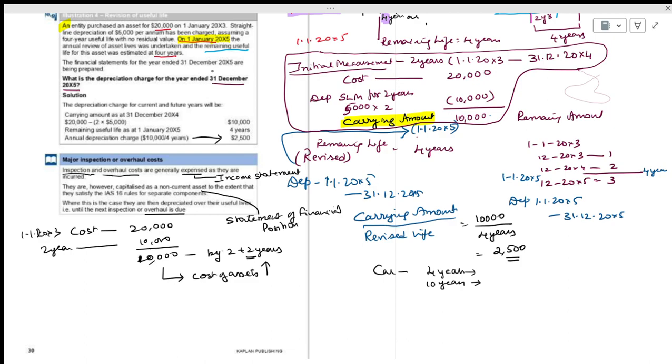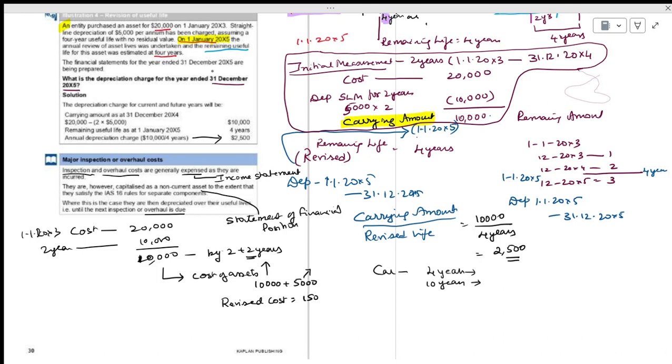If anything we are spending on paint, on the engine, what will happen? 10,000 is the cost. Assume you have an additional cost of 5,000. This is the cost, painting, replacement of engine. Then you will have the revised cost.